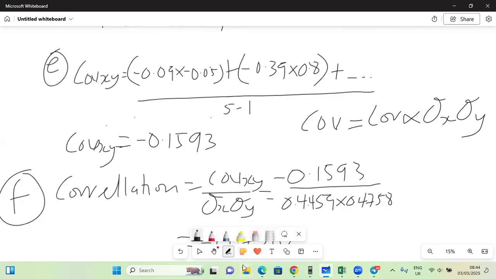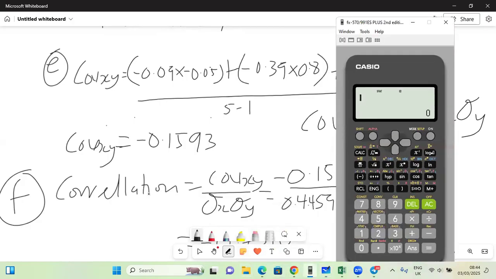So what we can do here is use the calculator to find the correlation. Meaning you're going to skip E and do F, then come back and continue with E, with this strategy that I'm teaching. So shift 1, then you choose 5, regression. Then you choose R, which is the correlation.